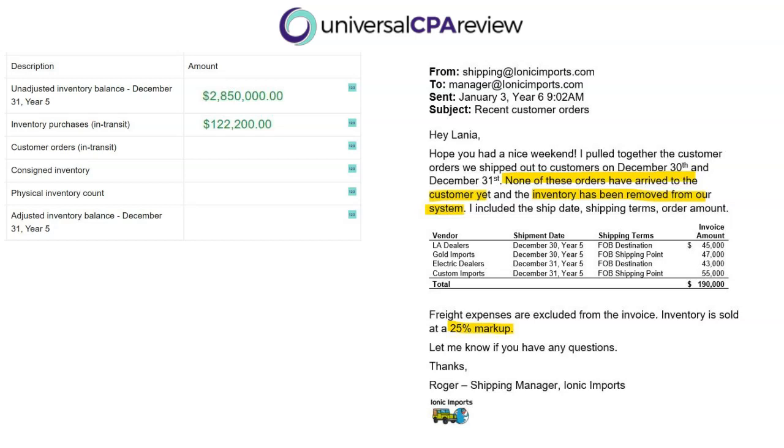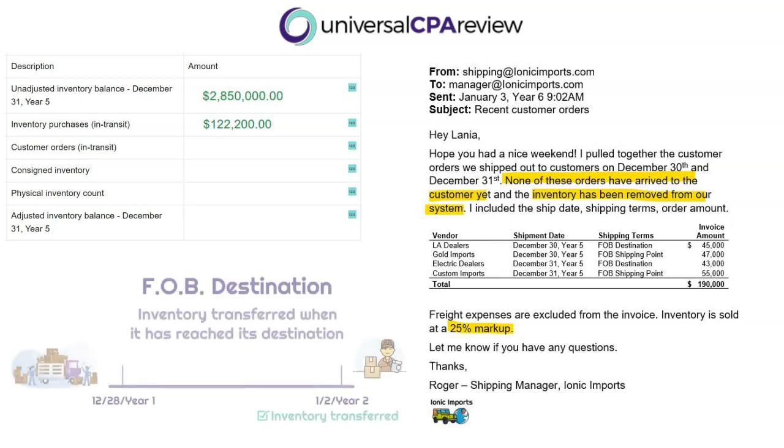So the next row relates to customer orders, right? So our customers have ordered this stuff, and we have the detail from this exhibit for the last 2 days of the year. So it tells us that none of these orders have arrived to the customer yet. So this is the opposite when it comes to shipping terms. If it's FOB destination, well, it remains in inventory until it arrives to the customer.